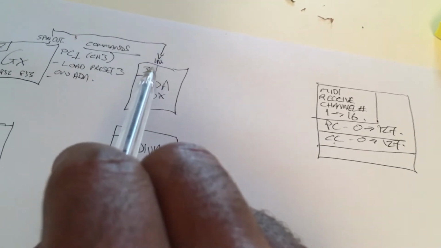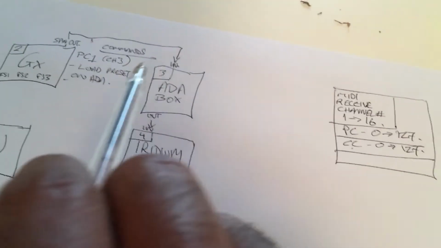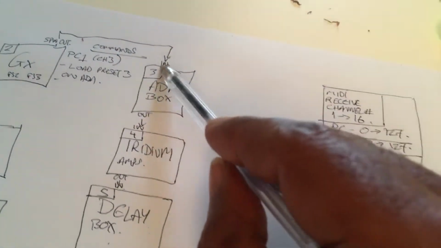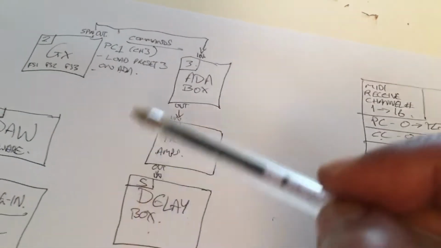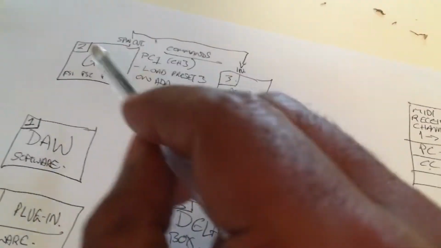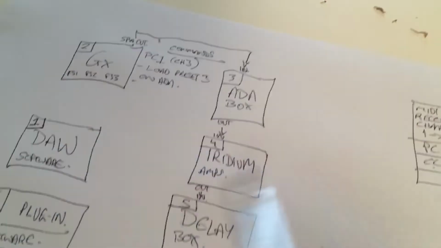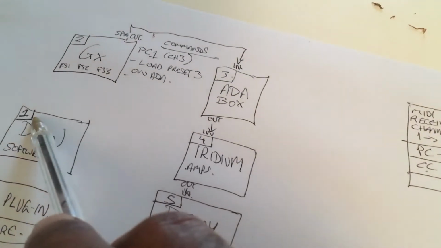What I'm really trying to do is make sure it's understood that the MIDI receive channel should be an individual thing. And you'll see this with a DAW, especially. Most DAWs, most of these things, when they come out of the box, are already pre-configured on channel 1.